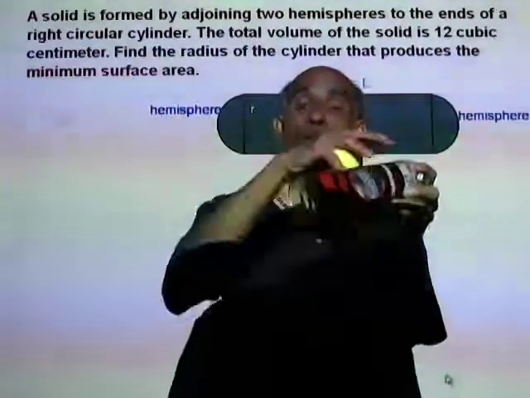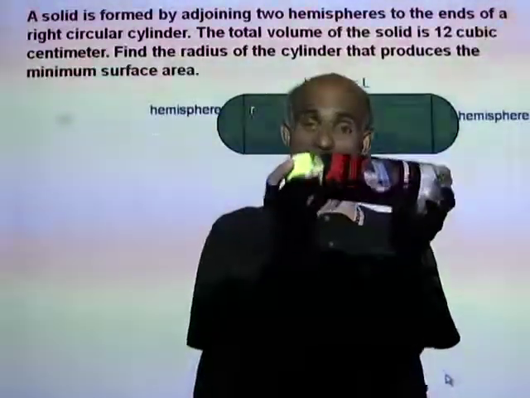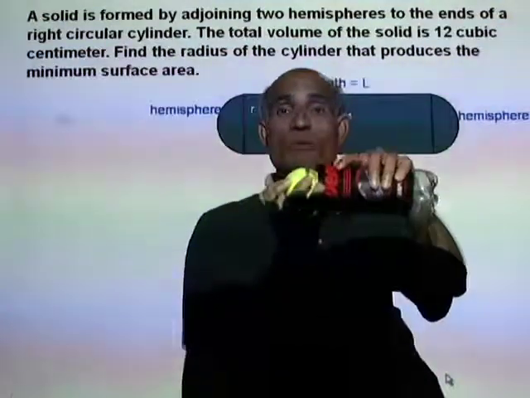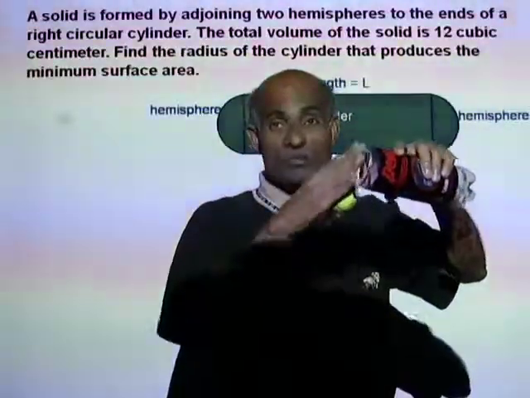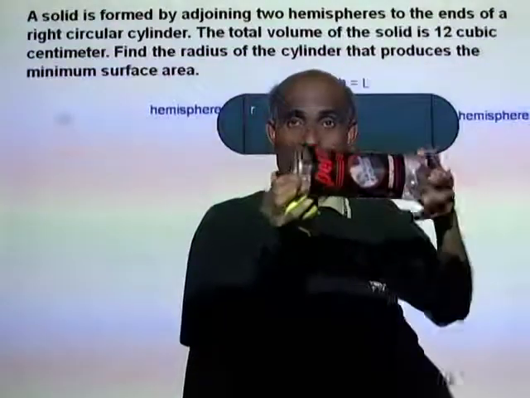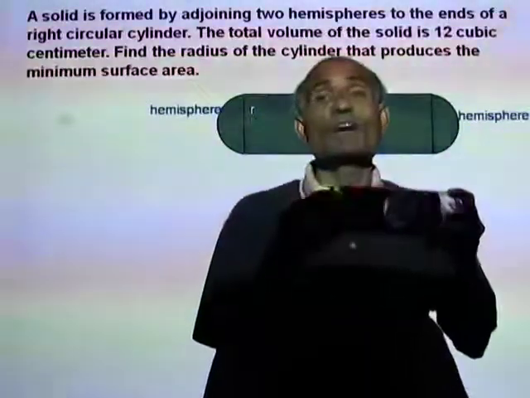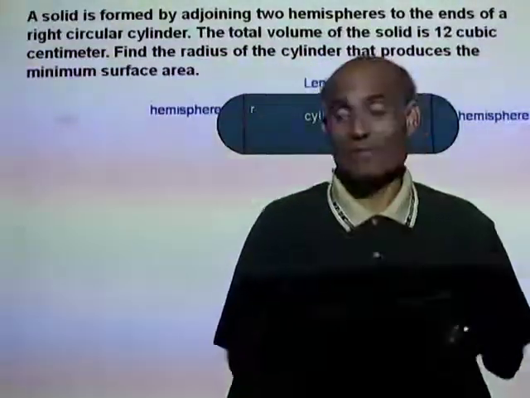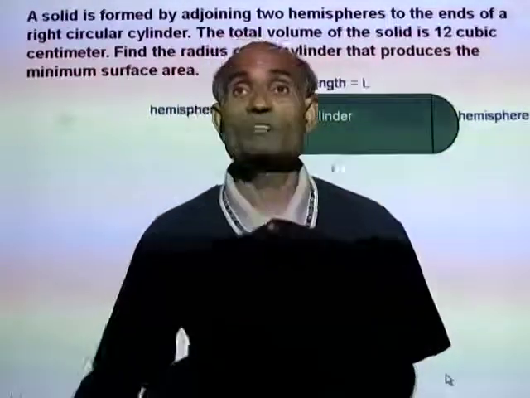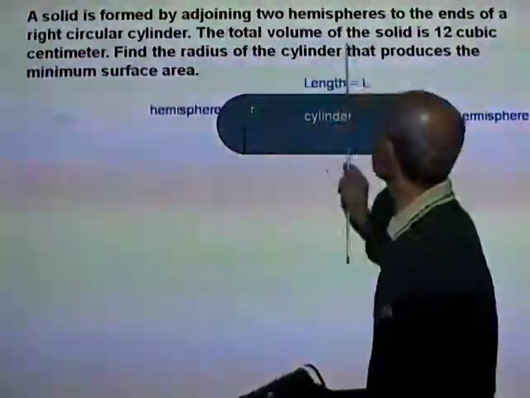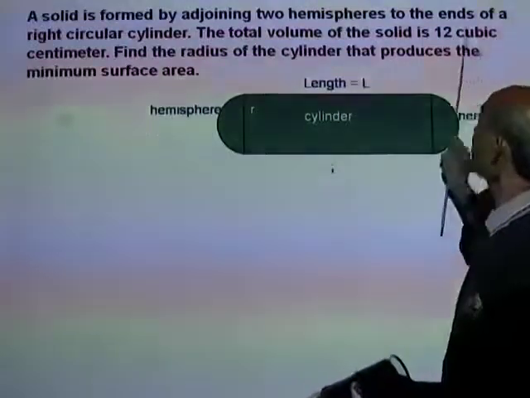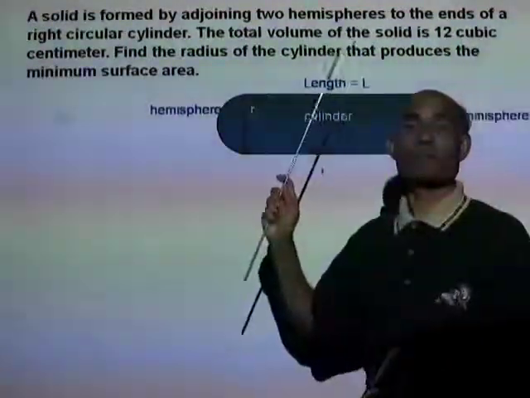Therefore, the total volume of the cylinder plus the two hemispheres will be pi r squared L plus 4/3 pi r cubed. That's the total volume, and it is given to be 12 cubic meters.